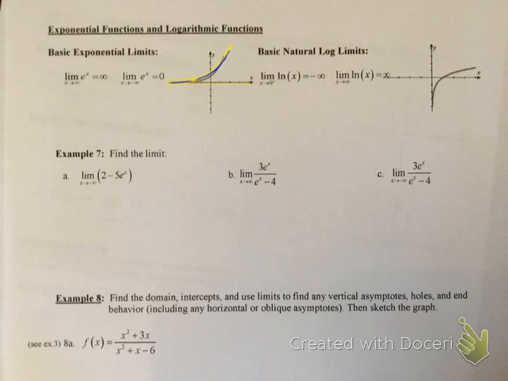And then the basic natural log limits, if I'm taking a limit as x is approaching 0 from the right, the natural log of x is going to be negative infinity. And the limit as x is approaching positive infinity of ln of x equals infinity.